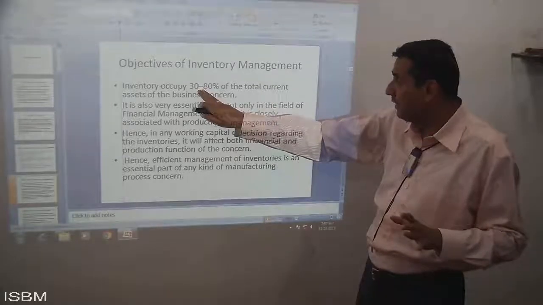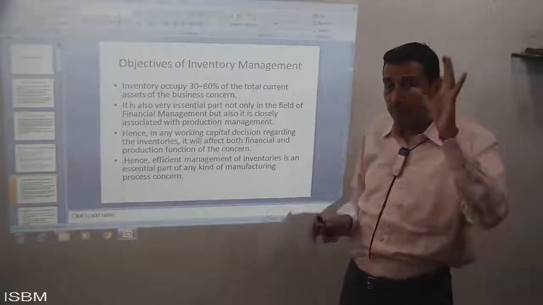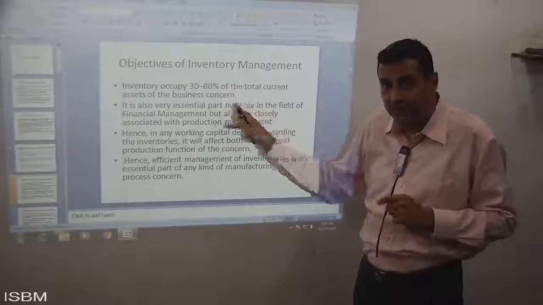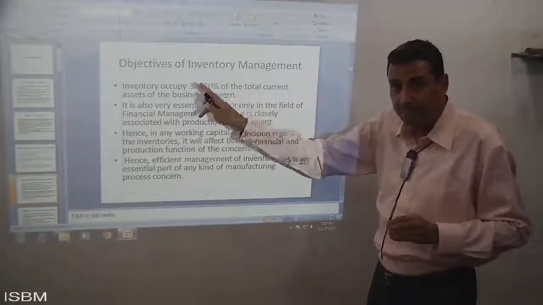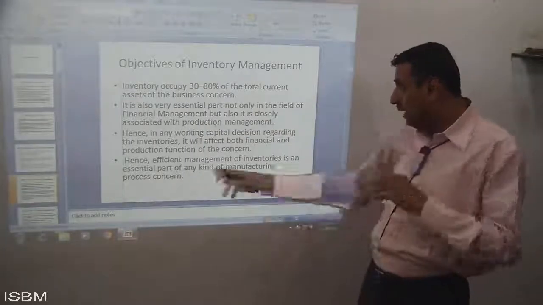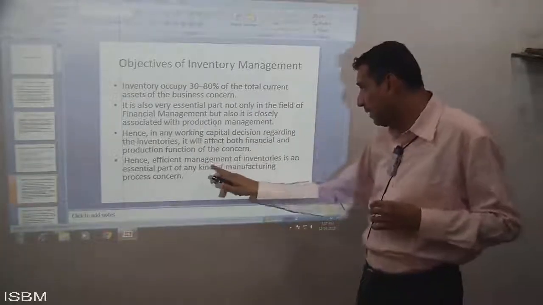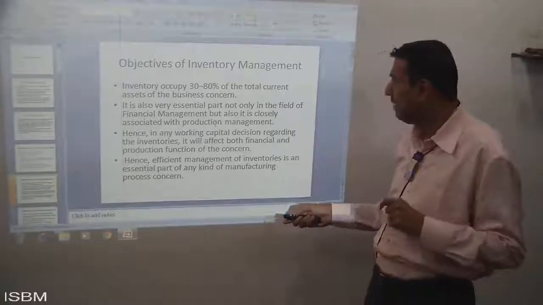We have learned that 30 to 80% of total expenses constitute inventory. Hence, inventory management is one of the key areas of business, and efficient management of inventory is an essential part of any manufacturing concern.